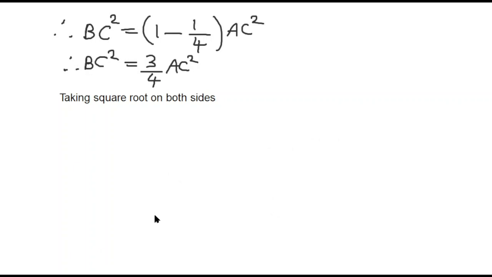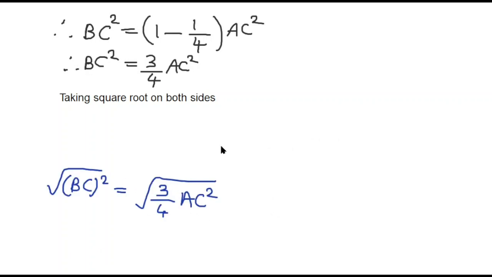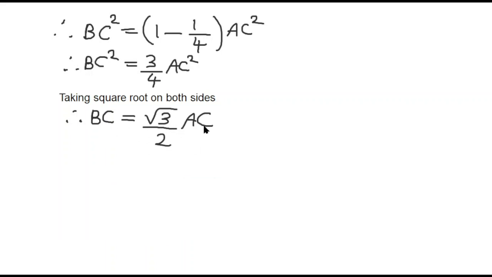If we are taking square root on both sides, square root of BC square will be BC, which is equal to square root of 3, which is root 3, upon square root of 4, which is 2, and square root of AC square will be AC. Understood. Therefore, BC is equal to root 3 upon 2 into AC.